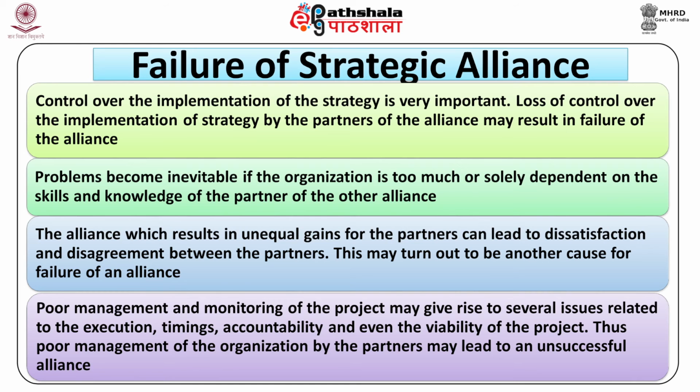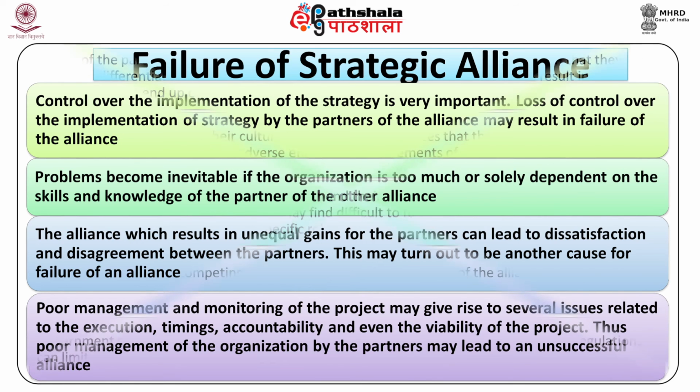Fourth, poor management and monitoring of the project may give rise to several issues related to the execution, timings, accountability and even the viability of the project. Thus, poor management of the organization by the partners may lead to an unsuccessful alliance.